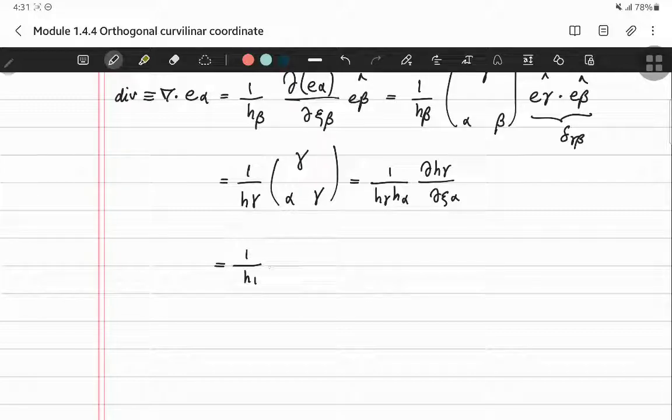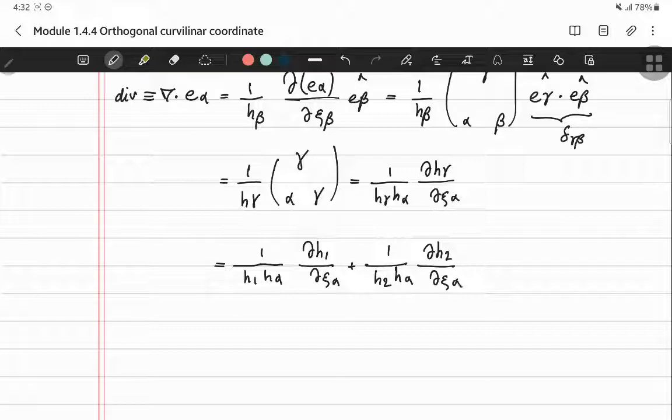So it is 1 over h1 h alpha, partial derivative of h1 with respect to z alpha, plus 1 over h2 h alpha, partial derivative of h2 with respect to z alpha, plus 1 over h3 h alpha, partial derivative of h3 with respect to z alpha.